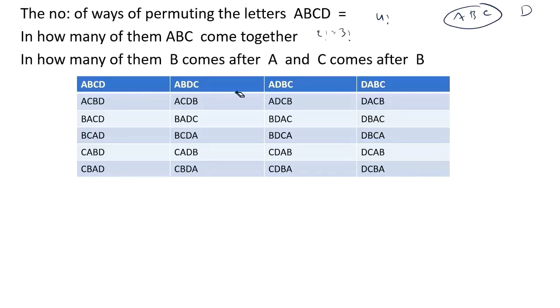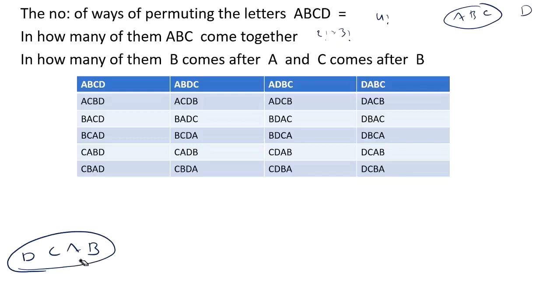Now look at this third question. In how many of these arrangements does B come after A and C come after B? There is a difference between the second question and the third question. If you want, I can give an example: D, C, A, B. This is an arrangement in which all 3, A, B, C are coming together.